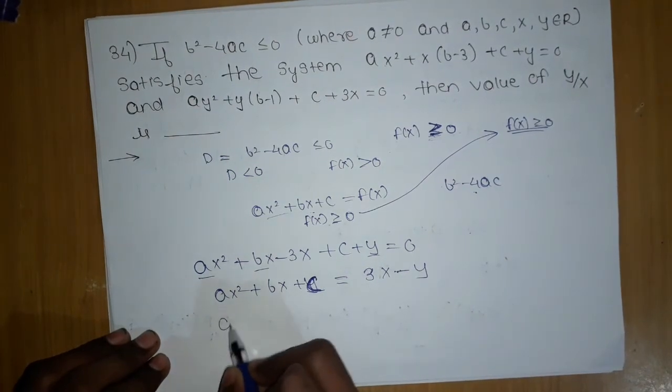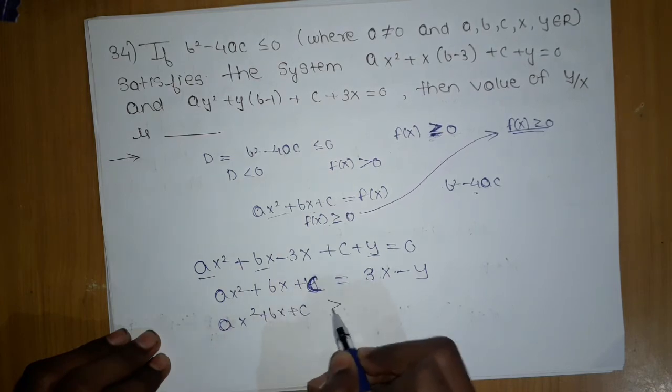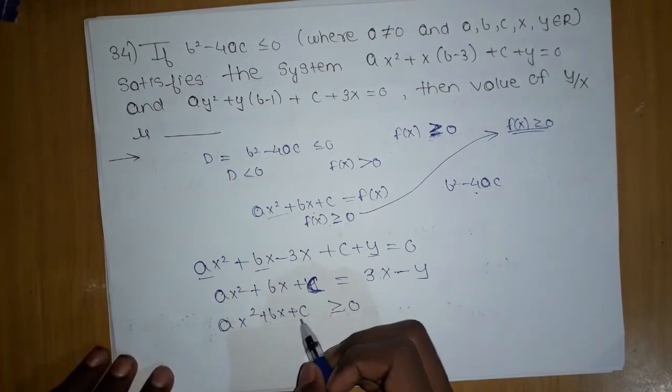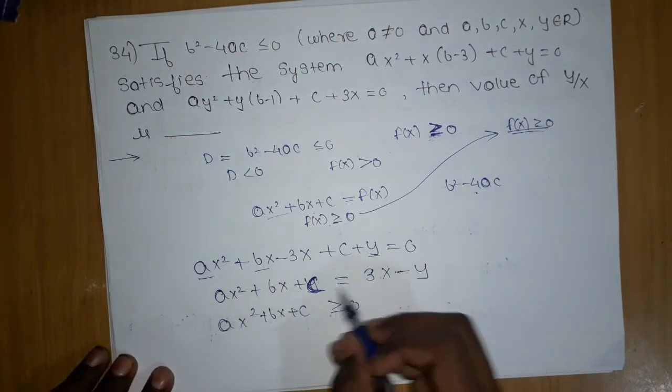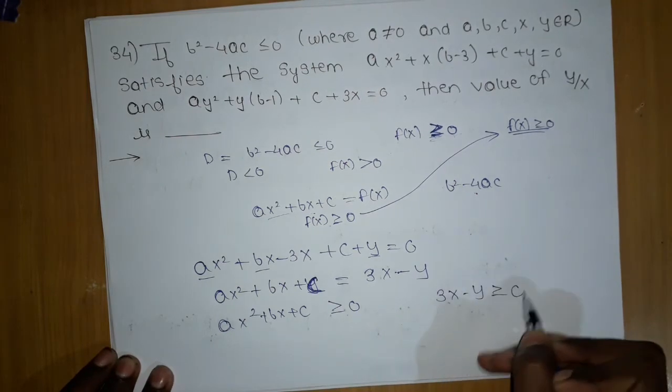Now ax square plus bx plus c is greater than or equal to 0, because it is f of x, so this thing, 3x minus y, will also be greater than or equal to 0, right?